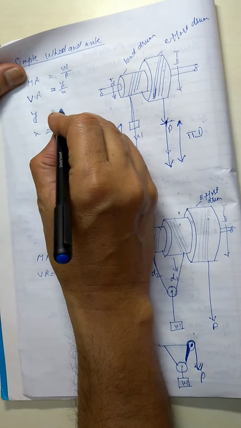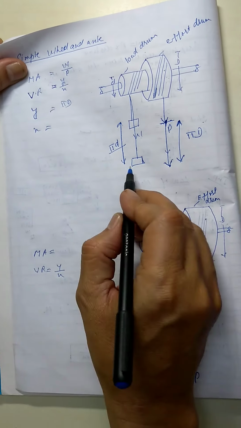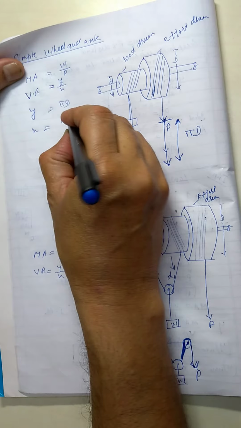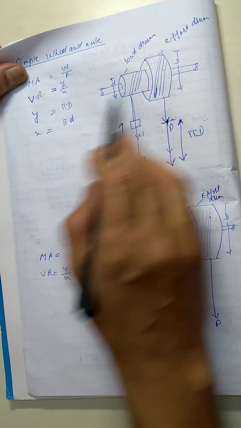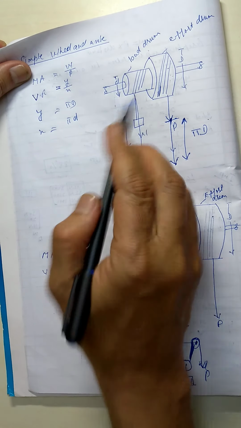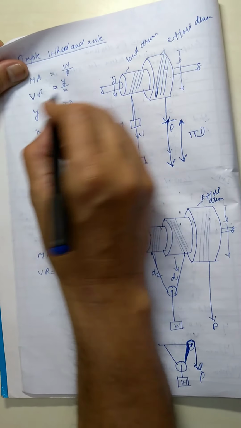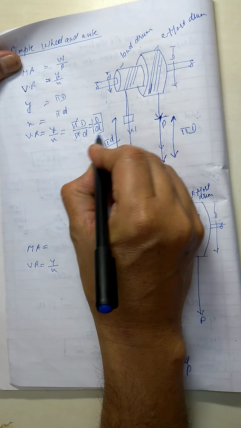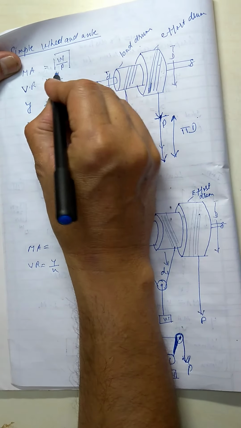Then y will be equal to pi D and x will be equal to pi d. Then our velocity ratio will be y upon x, that means pi D upon pi d. Pi and pi cancel out and it will remain D upon d. So this is the formula for the velocity ratio, and this is the formula for the mechanical advantage.